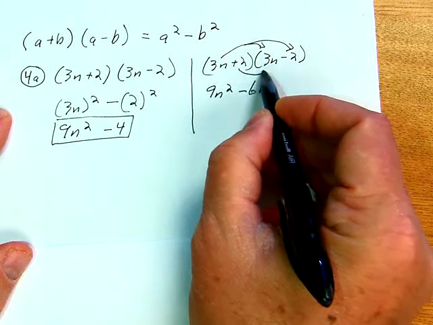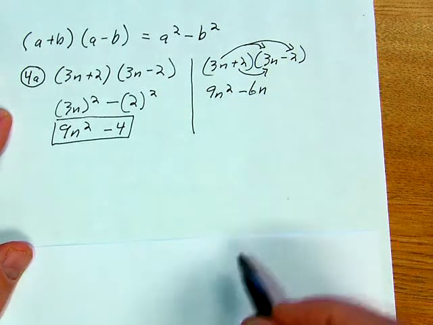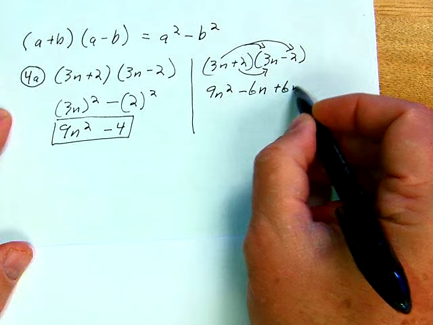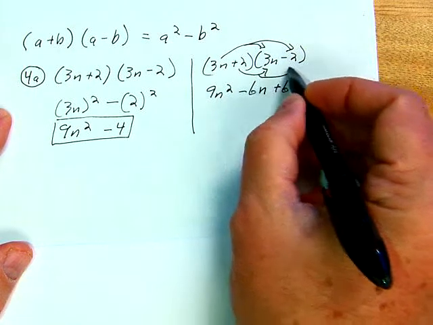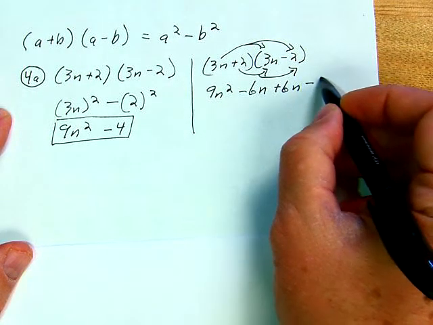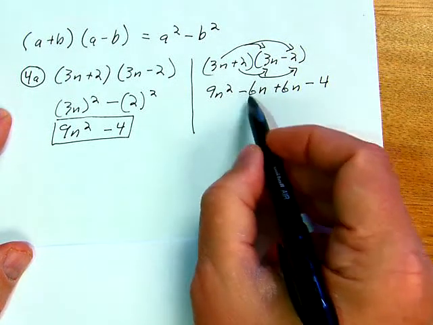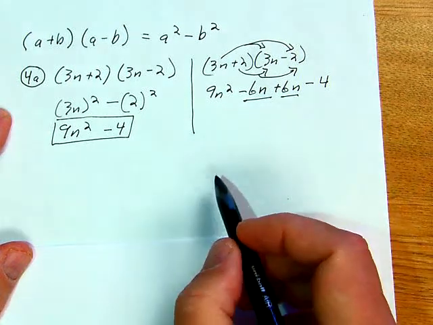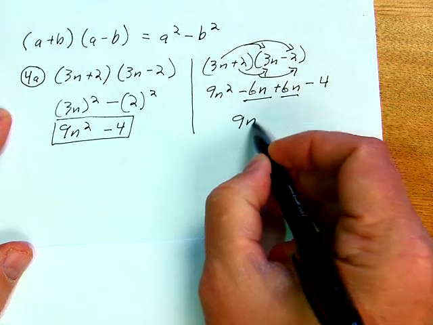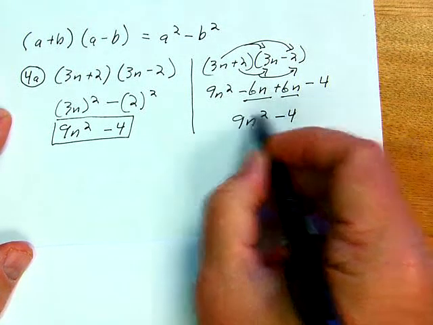Now we come down here to this arrow. 2 times 3n is positive 6n. And carry that out, we get negative 4. And we notice that this and this are like terms, and they cancel each other out. And we have 9n squared minus 4.